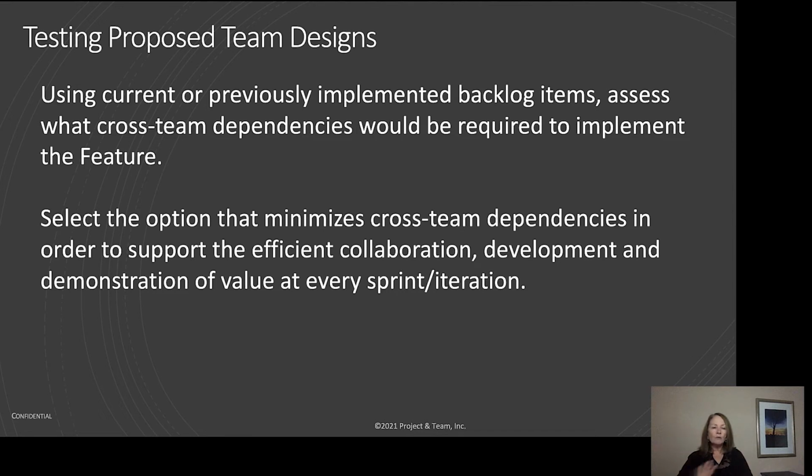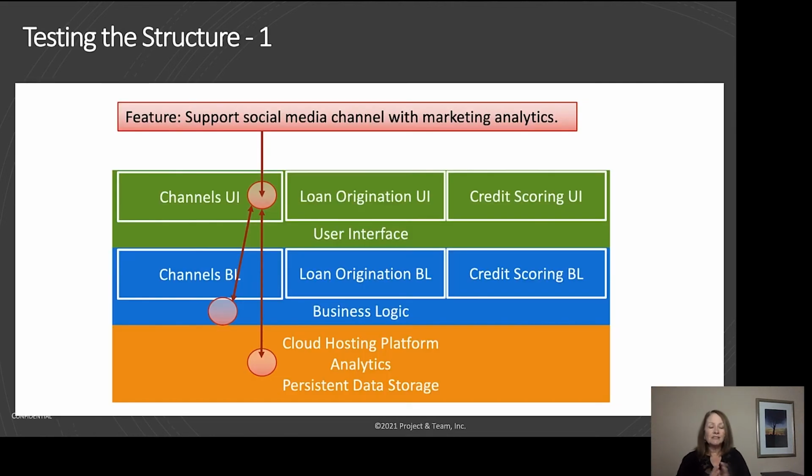Because our goal is to select the option in our team design that minimizes those cross-team dependencies for these reasons that we keep harping on. And Sahil mentioned this in session 2, but I'm going to show you an example now.